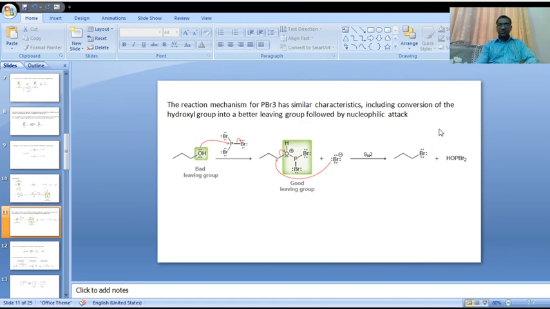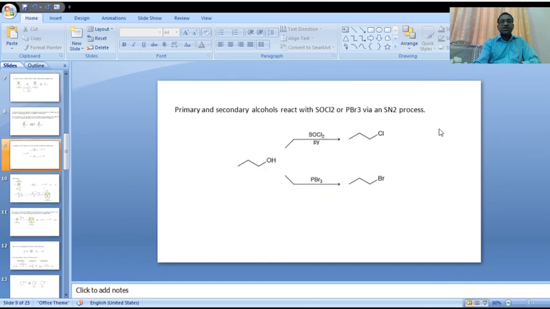This is about the starting reaction, using phosphorus tribromide or thionyl chloride. Primary and secondary alcohols can be used as the starting compound.